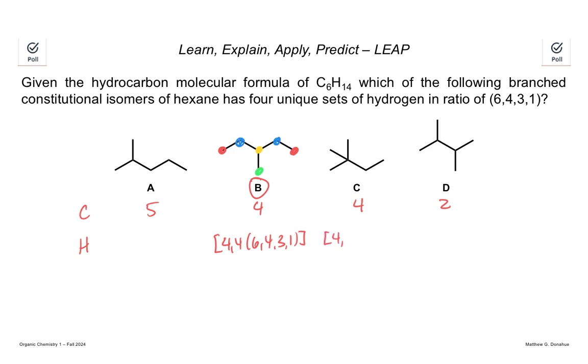If we did the same exercise for choice C, how many unique sets of hydrogen does C have? 3? Does that make sense? It can't have 4 because that carbon atom has no attached hydrogens.